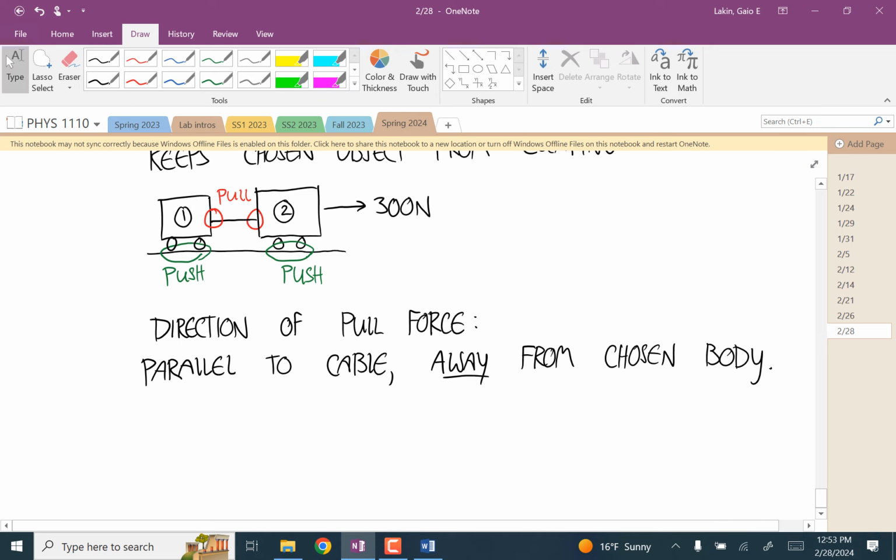So a pushing force is toward the chosen body, a pulling force is away from the chosen body, okay?